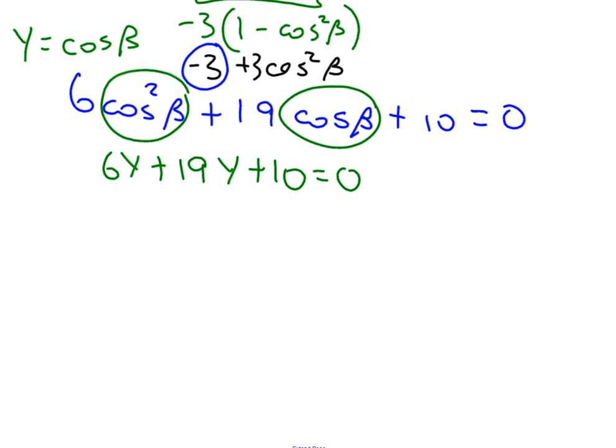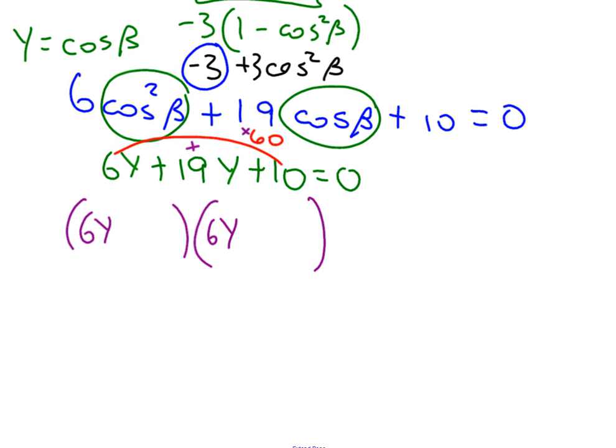I like a way that I'm going to show you in a different video, where you do 6 times 10 is 60, and we're looking for numbers that multiply to make 60 and add to make 19. Now the difference with my method is, don't panic, I put 6y on both brackets. I know that's not right, because obviously when we times that out, we get 36y squared instead of 6y squared.